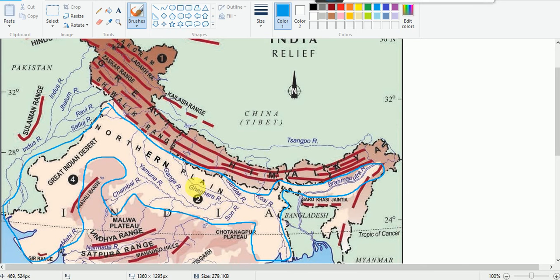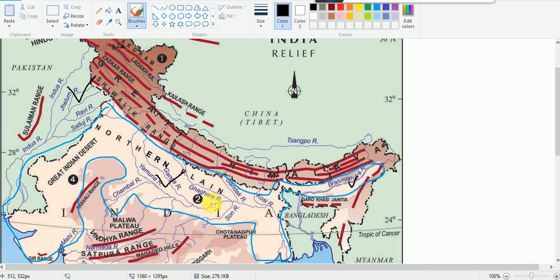When we see this map carefully, you will find that these northern plains have been formed by the depositional work of three major river systems. Those are the Indus river system in the west, then the Ganga river system in the middle, then the Brahmaputra river system in the east.